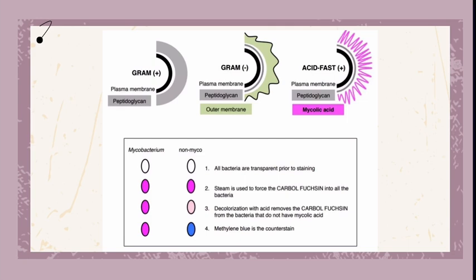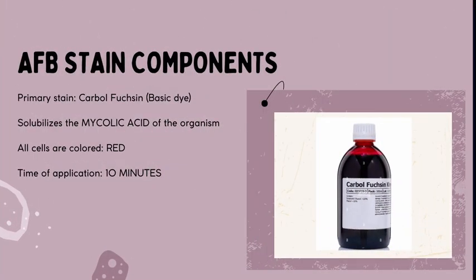Now let's proceed to the components of the AFB stain. The primary stain is carbolfuchsin, which is a basic dye. The function of the carbolfuchsin is that it solubilizes the mycolic acid of the organism. Therefore, if the organism is acid-fast, it will absorb the color red.